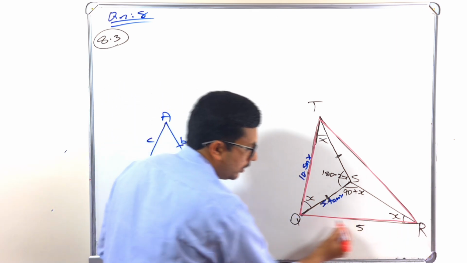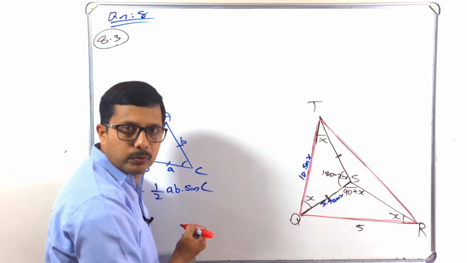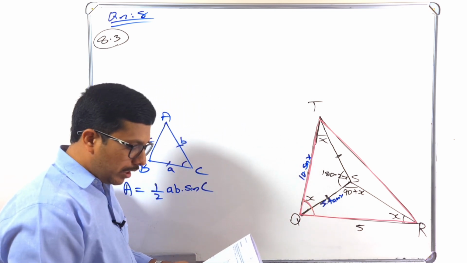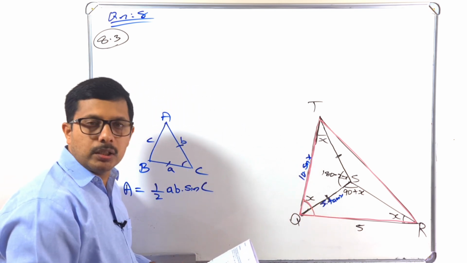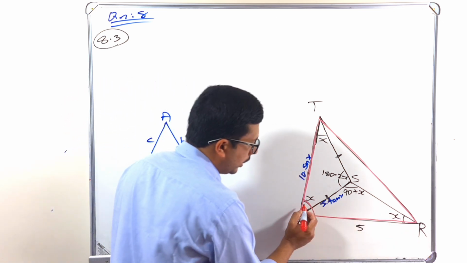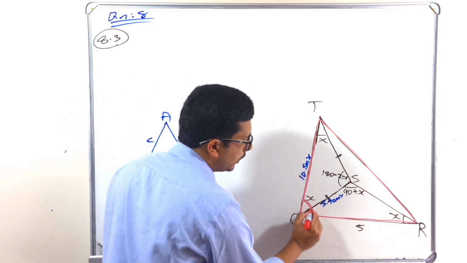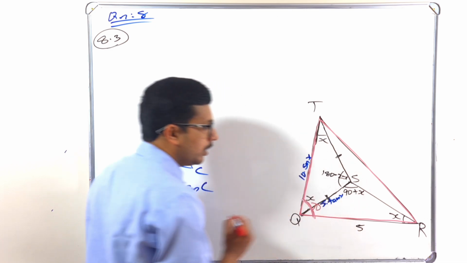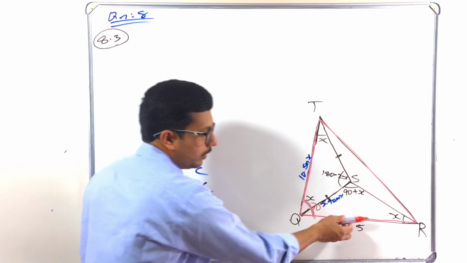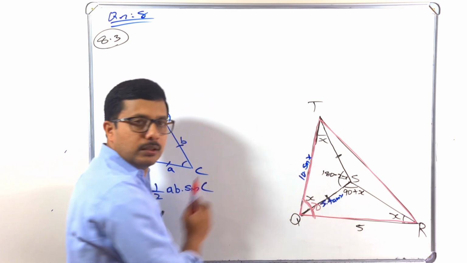This side is given as 5. And this angle, look at the question, angle TQR is equal to 70 degrees. It is given that this angle is 70 degrees. So which two sides are you supposed to take? Of course this side and this side.